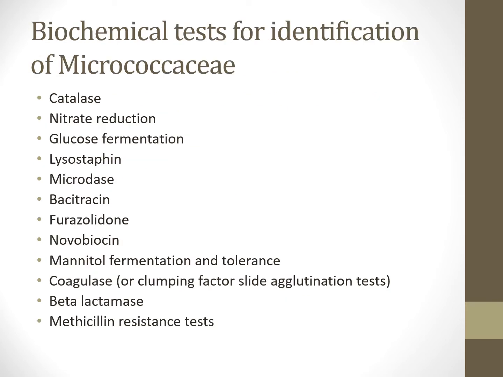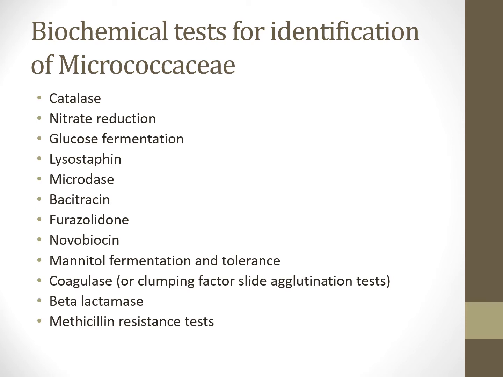So in the laboratory, we are always tasked with proving what the name of our microorganism is. There's a bunch of tests that we can do to determine the genus and species of our organism in the family Micrococcaceae. The tests that we can do are catalase tests, nitrate reduction, glucose fermentation tests, lysostaphin tests, microdase tests.